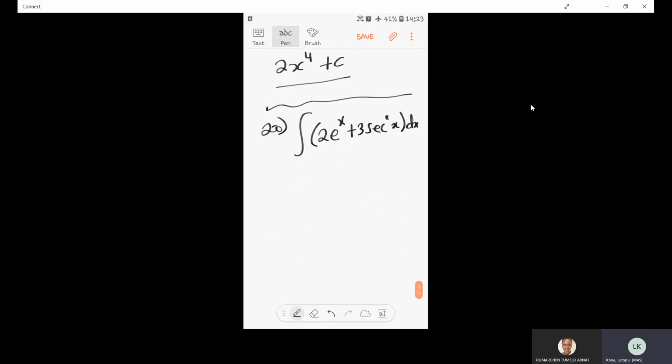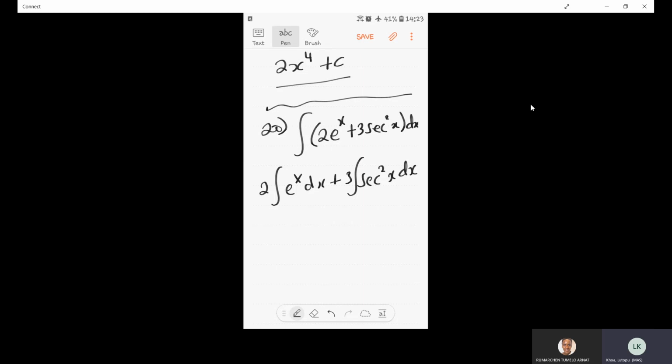Okay, so integrating this one, we'll use the sum of integrals. Then what you do is, this is 2 times the integral of e to the power of x dx plus 3 times the integral of sec squared x dx.